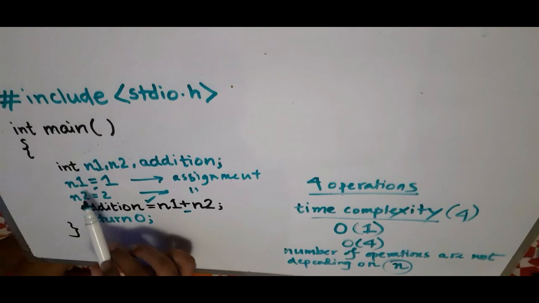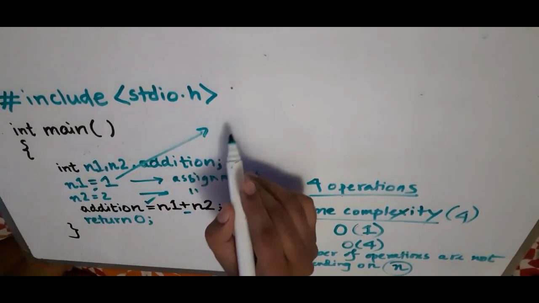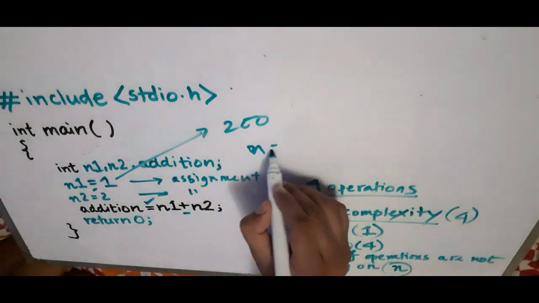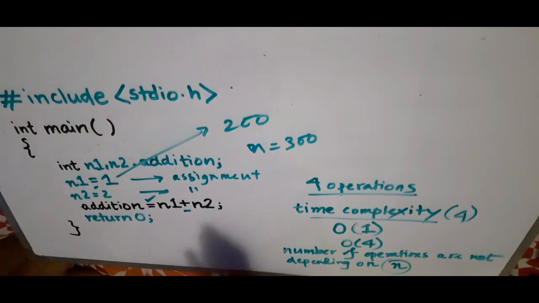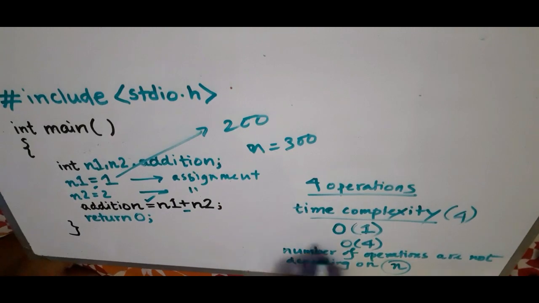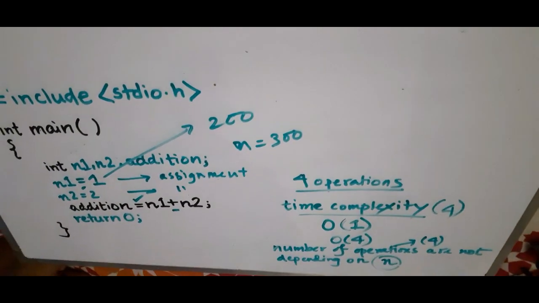So even if the value of n becomes 100, or let's say it becomes 200, and if we write n2 is equal to 300, whatever the value of n1 and n2 is, the number of operations will remain the same. And how many operations do we have here? Number of operations are 4.